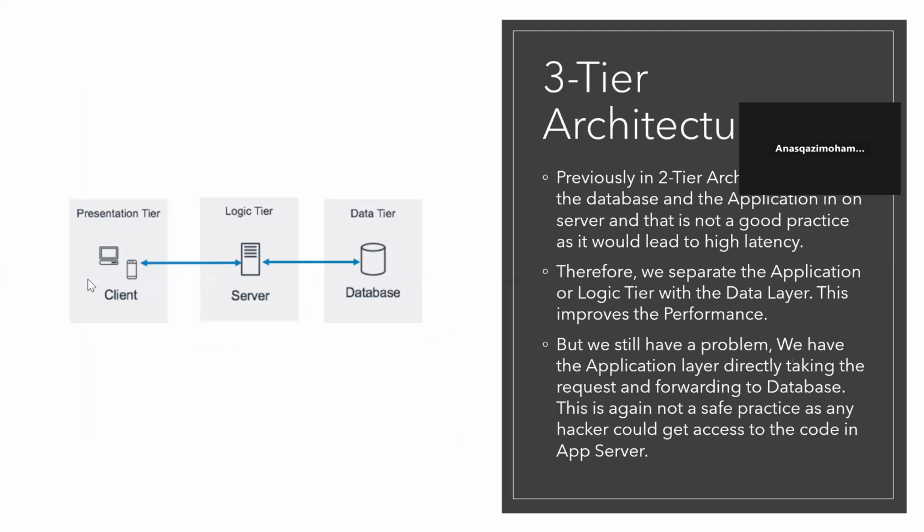Now, in the three-tier architecture, you've got the client, which would ask for a resource, but it would not go to a single server. It would go to the application server where it has the application on it, and the application server would go into the database to fetch the data and then come back to the application server and give it back to the client.